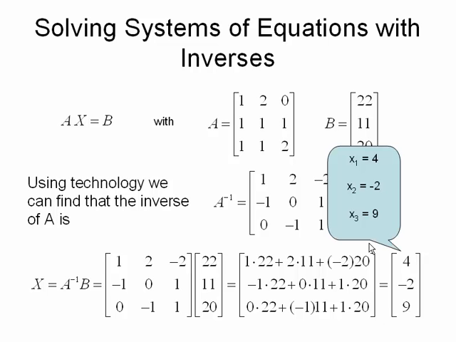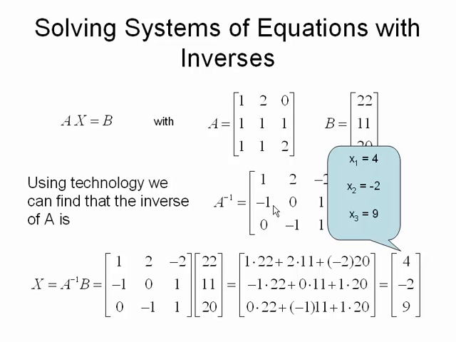So that means that the solution to this system, remember this is the X here that we're looking for, and the X, the variable matrix, consists of x1, x2, x3. So the solution to this system is x1 is 4, x2 is -2, and x3 is 9.